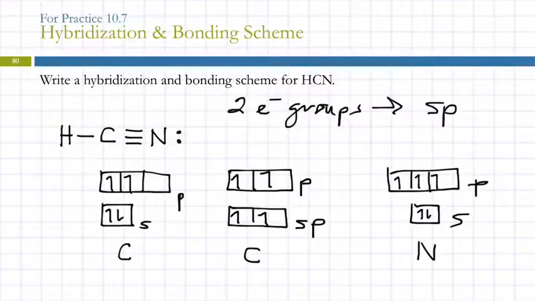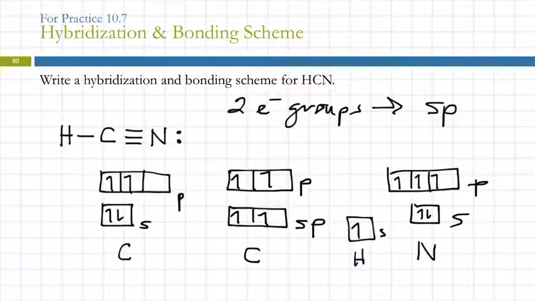There's hydrogen. So the hydrogen overlapping with one of these sp orbitals is going to be a sigma bond. This is a single bond, so it's a sigma bond.